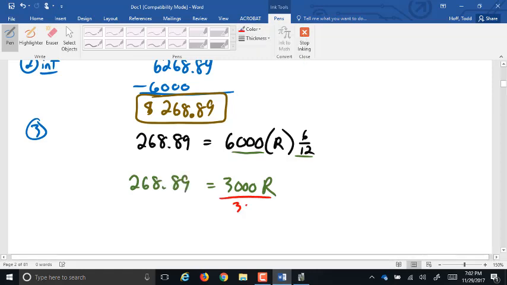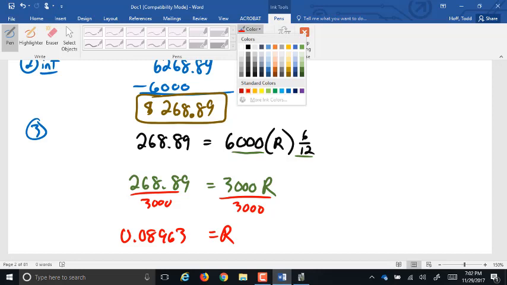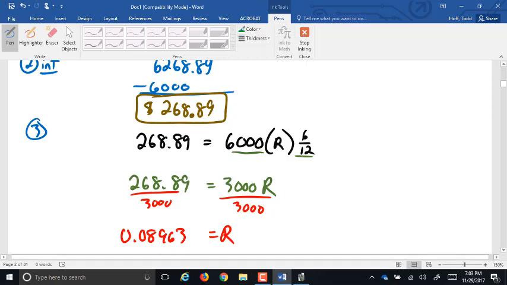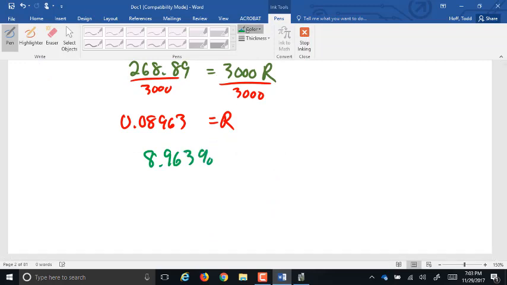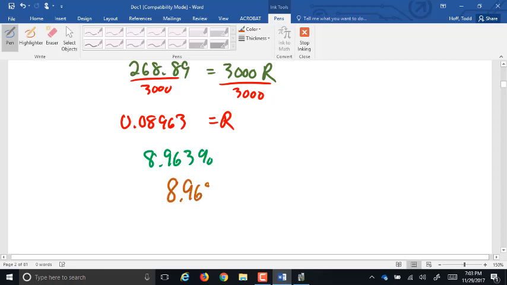So we divide by 3,000. So we do get 0.08963. Move our decimal point to make it a percent. 8.963. And then we round it to the nearest hundredth. 8.96%.